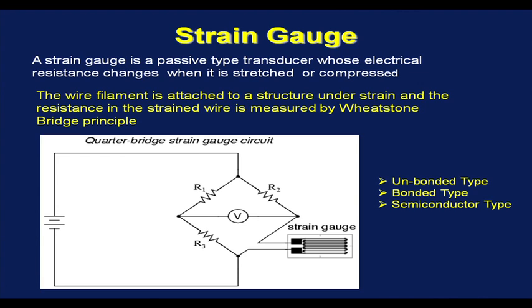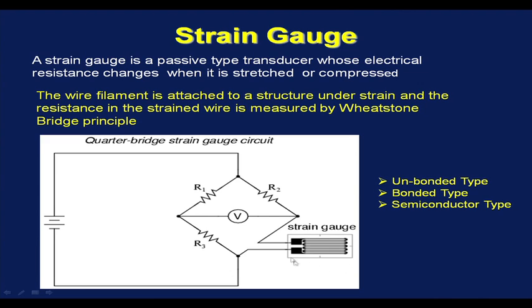So, how do I measure strain with help of a strain gauge? Strain gauge is usually in the form of a wire filament. It can be of various types like bonded type, unbonded type or semiconductor type.